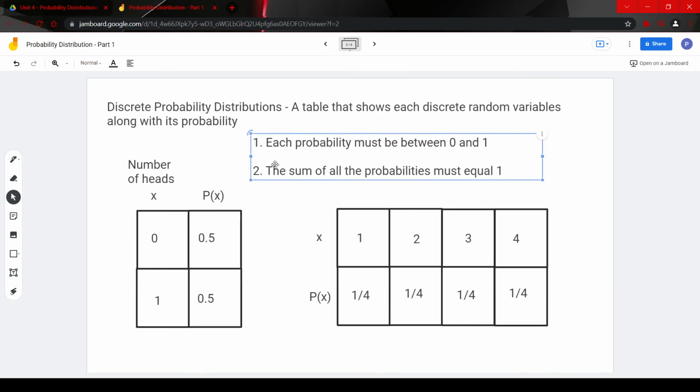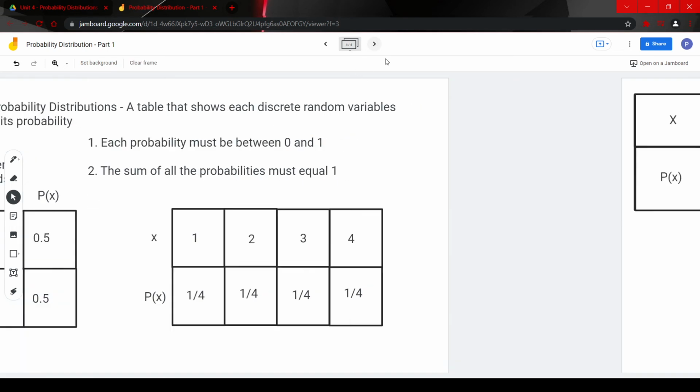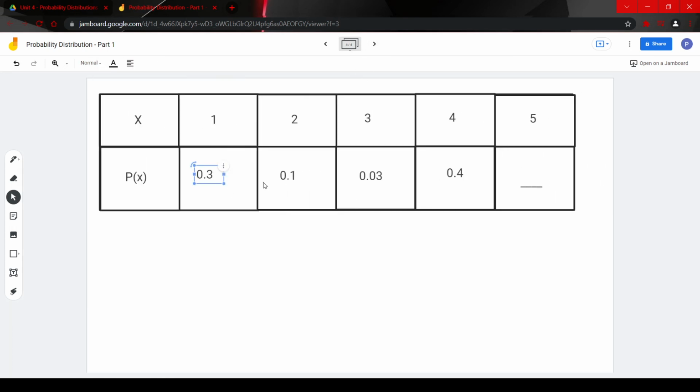The sum of all the probabilities must be 1. So 0.3 plus 0.1 plus 0.03 plus 0.4 plus, I'll call that number p, is equal to 1.